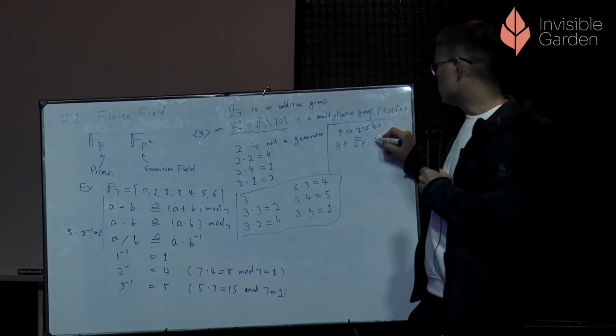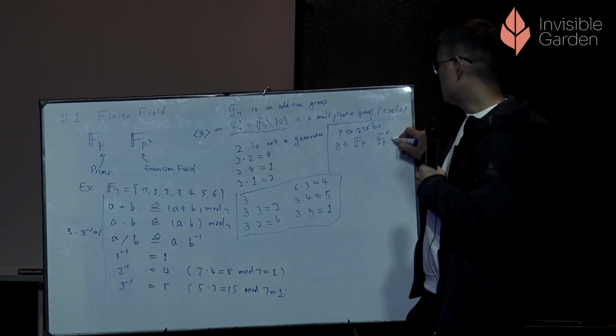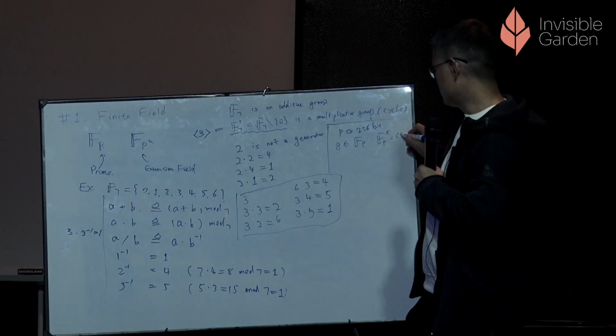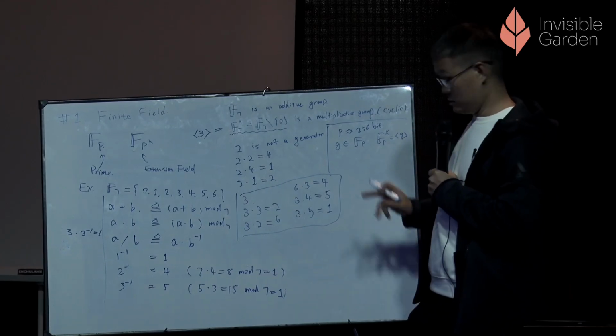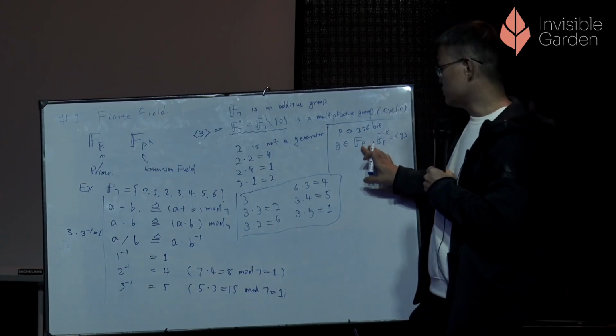So it means that FP cross equals the angle bracket G, which means that G can generate all the elements from FP except 0.